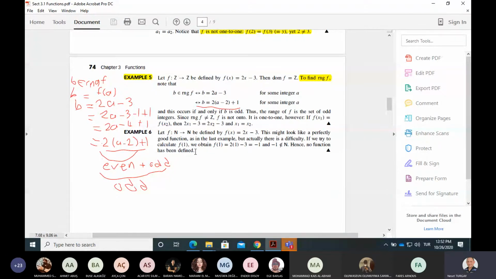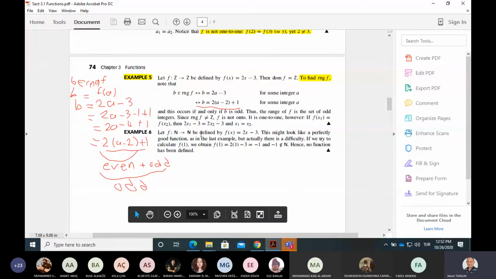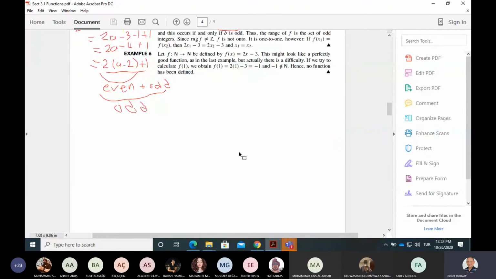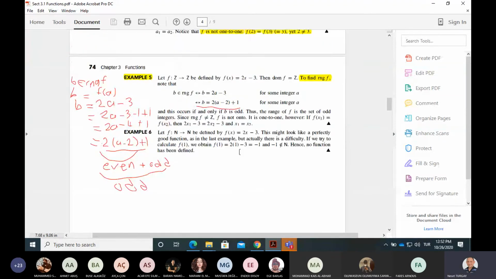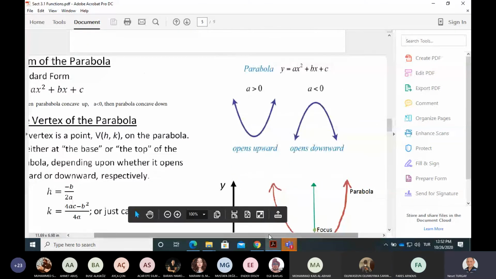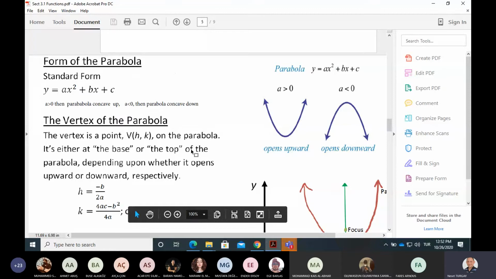This is not a function at all because f of 1 is what? -1. -1 is not in the natural numbers, so this is not a function. So this cannot be defined like that. Okay? So this is tricky. Understand?